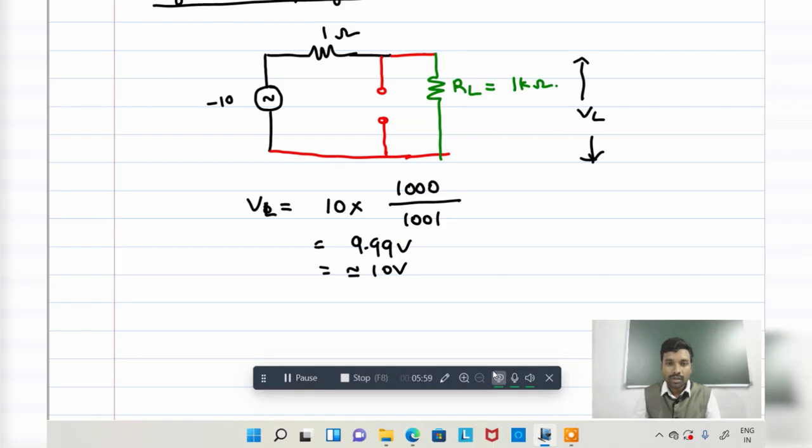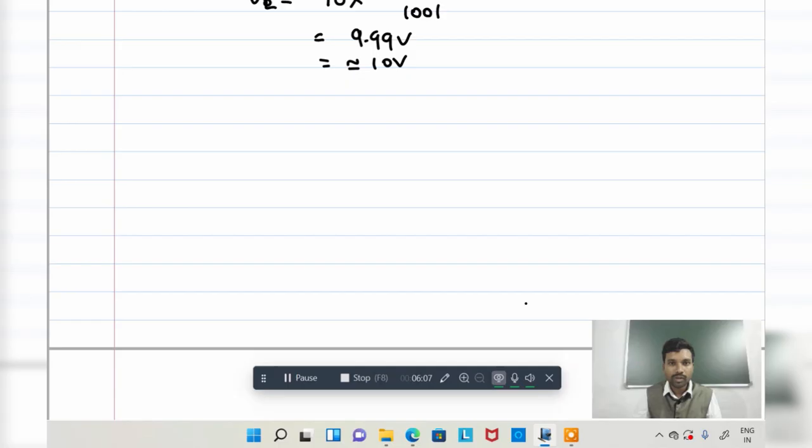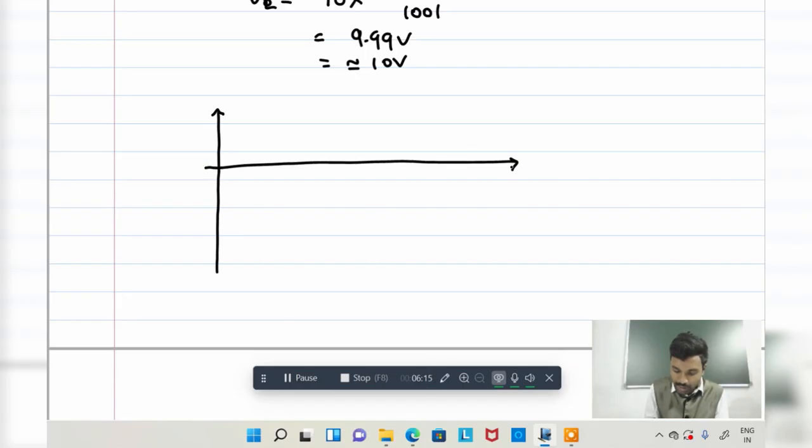So I got the positive half cycle as well as the negative half cycle. Now I am going to draw the waveform across the load resistance. First of all, the input is AC. This is the waveform of the input.